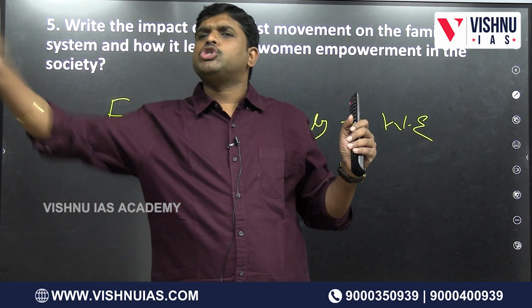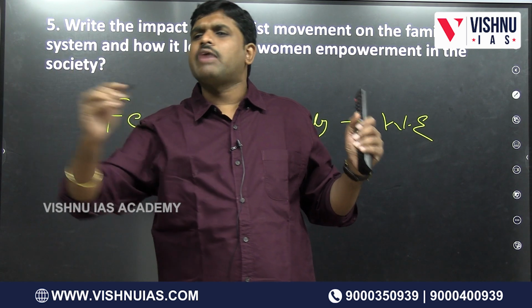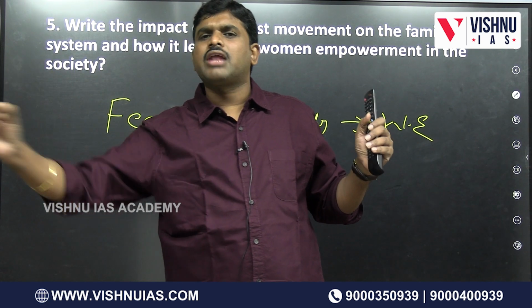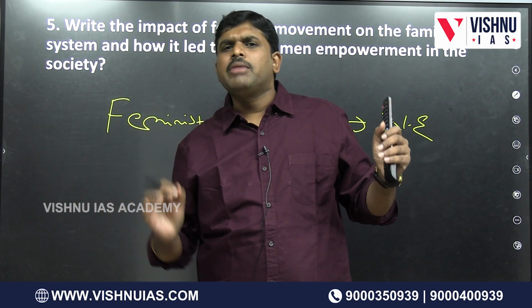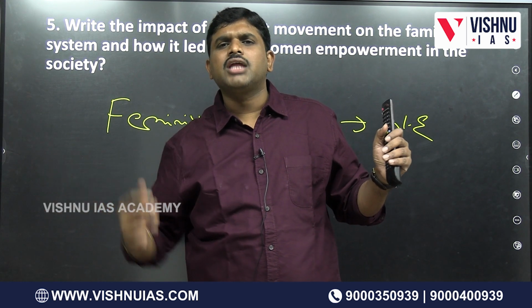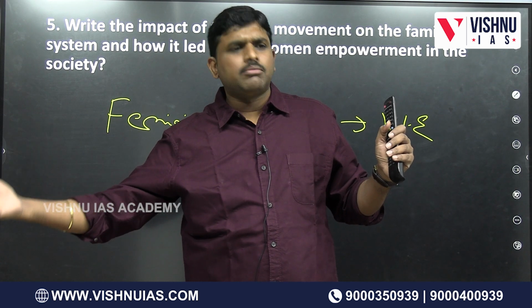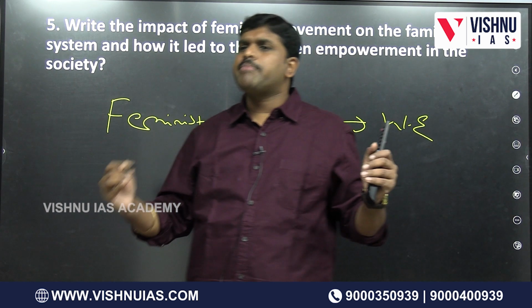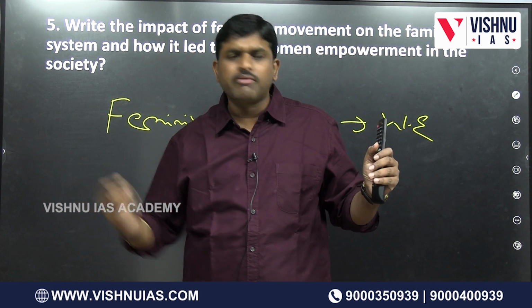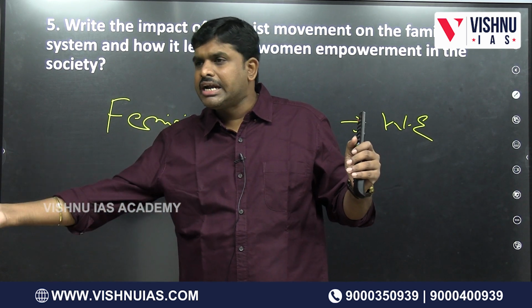Family is one of the important social institutions of society. The family definition is given by a particular anthropologist, and you will write that. Then the characteristics of family. Then the family got impacted by various factors like industrialization, globalization, urbanization and feminist movements. Next paragraph: feminism, where there are two varieties, one called liberal feminism and the other called radical feminism.